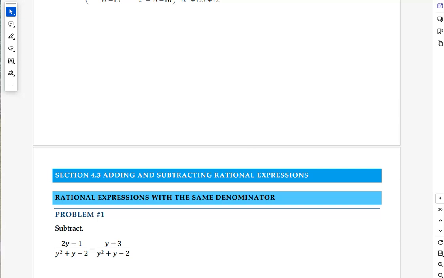Let's get started. We are going to talk about 4.3, adding and subtracting rational expressions. Just to make sure everybody understands what a rational expression is: rational numbers are numbers that can be written as fractions, and rational expressions basically just means that we're going to be dealing with fractions all the way through.